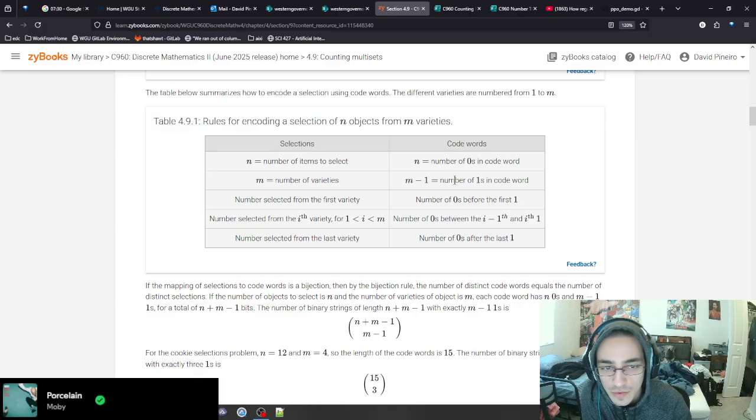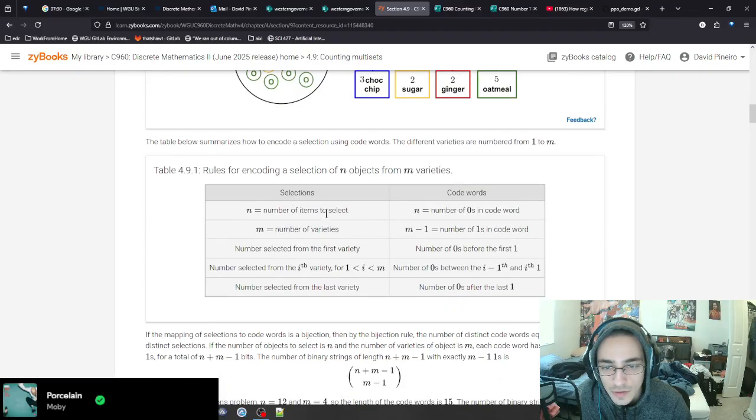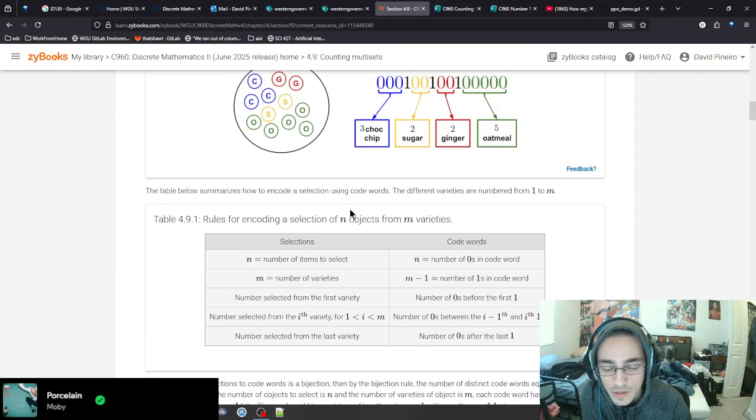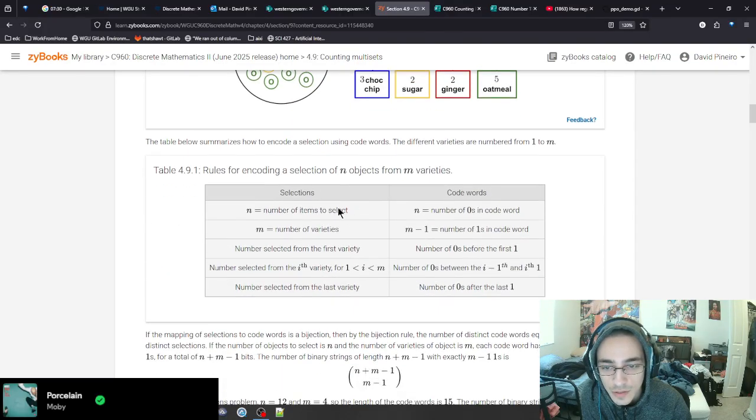N minus 1 is the number of ones in the code word. N is the number of zeros in the code word. Number of varieties, number of items to select. This is the number selected from the first variety, yes.